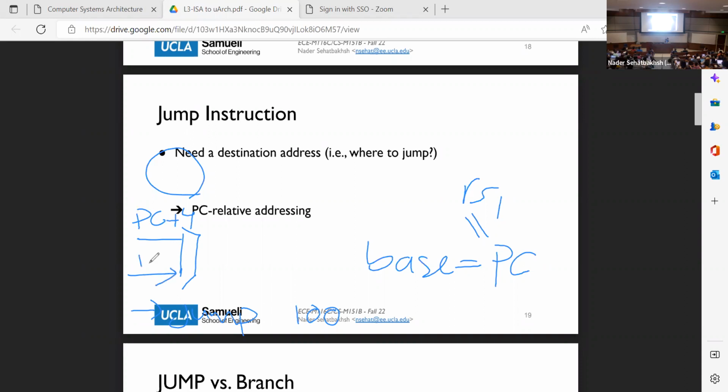And we need a mechanism to make a decision whether we have to do PC plus 4 or whether we have to do jump, which we're going to get to soon. But by default, you do PC plus 4 and you always create that PC plus 4. But when you get to the jump, you say, ignore that PC plus 4, go to this place that I'm telling you.